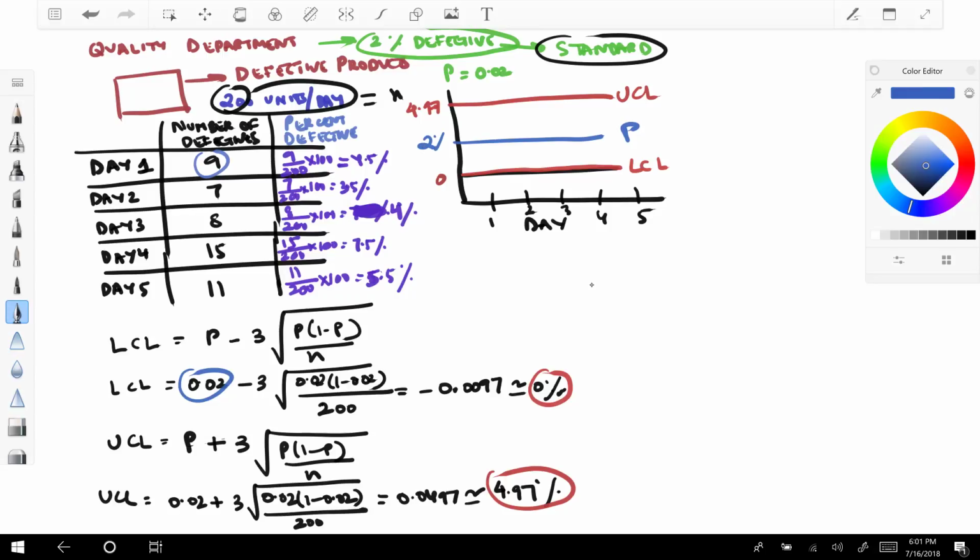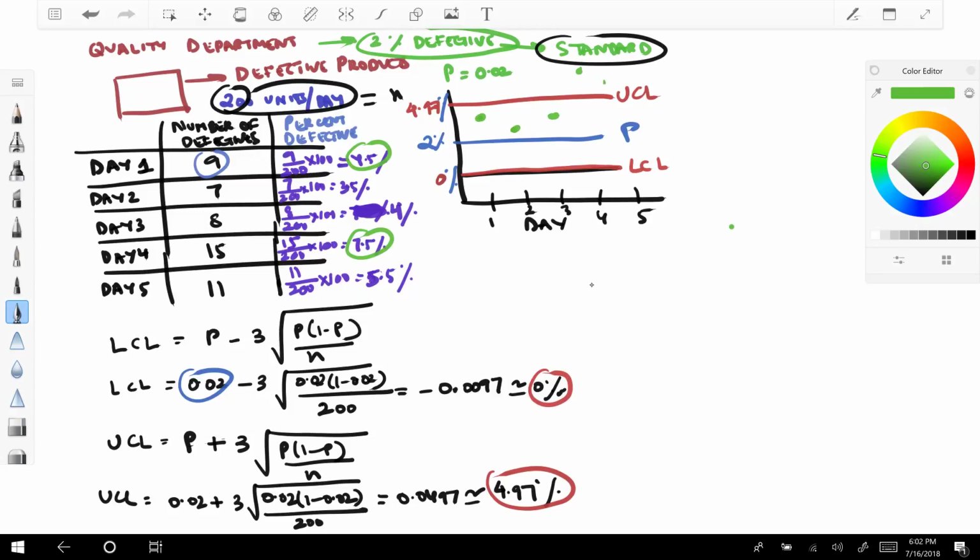So now we can plot each one of these. So 4.5% would lie somewhere here, 3.5% would lie somewhere here, and so that is this point, and 4% would lie somewhere here, and then 7.5% would lie somewhere outside the control limit, and the fifth one is 5.5%.